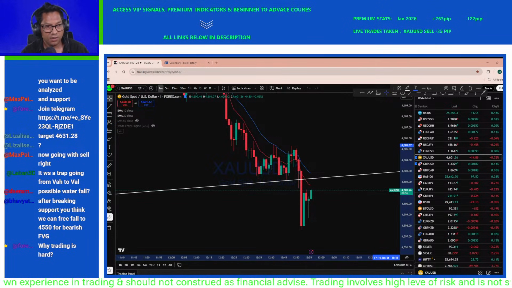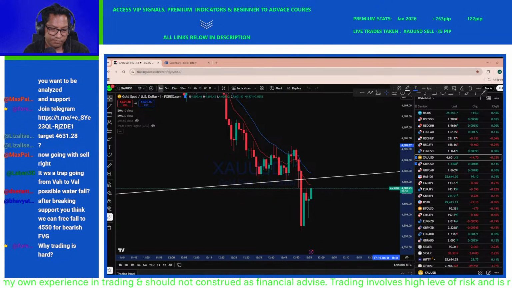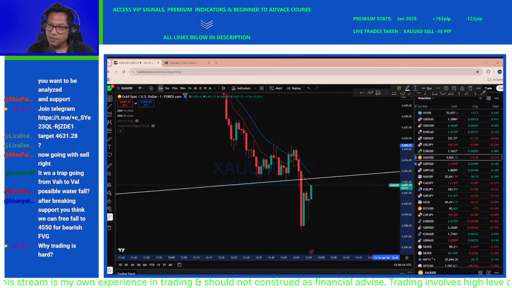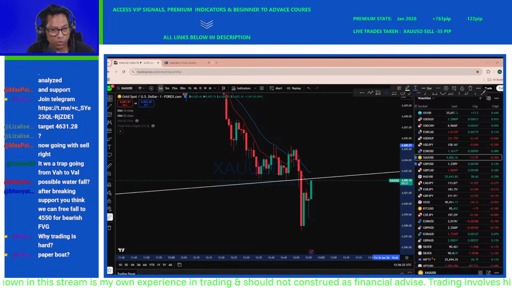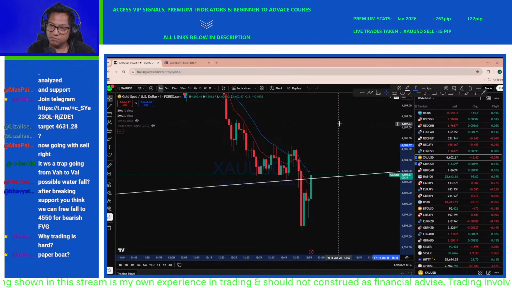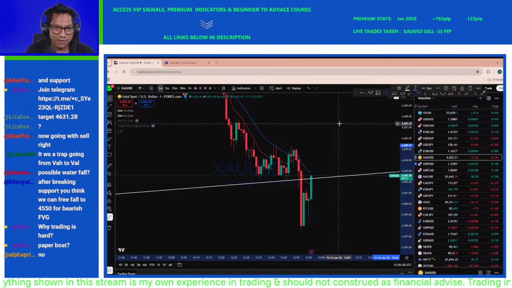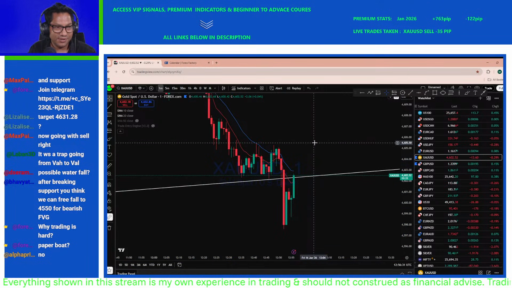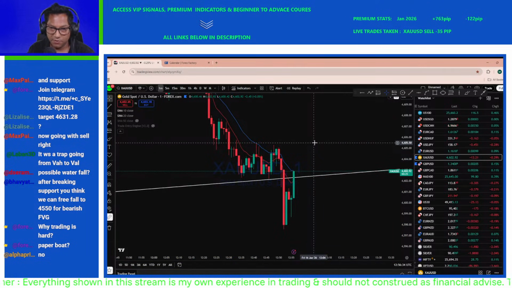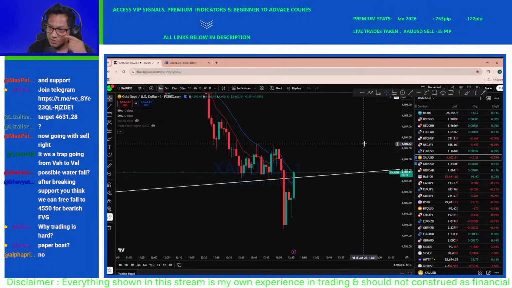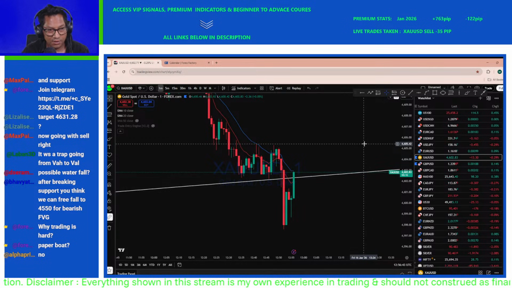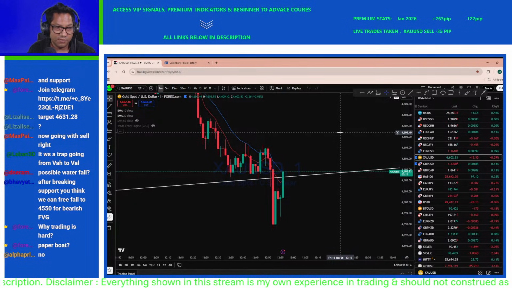Okay, let's compare trading with a paper boat. Has anyone made a paper boat before? A paper boat, made with paper, floating on the water. So let's say you made a paper boat, and then you give it to someone for 30 cents, or 1/10 of a dollar.